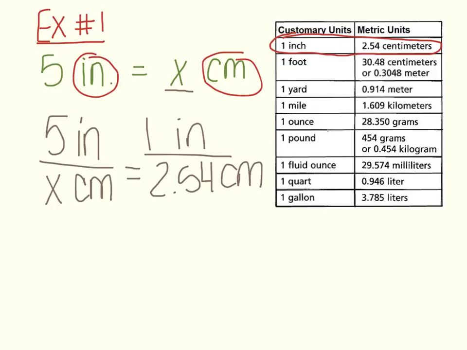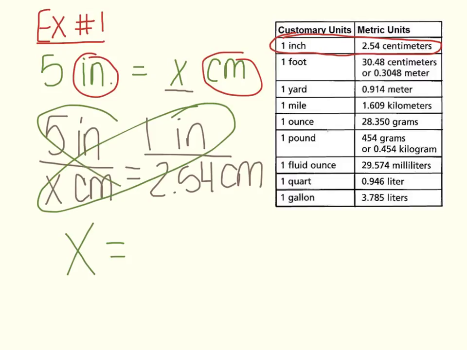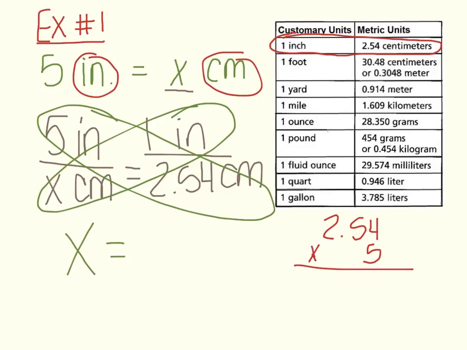Now we cross multiply. 1 times X is just X. And 5 times 2 54/100. Let's do that. So I'm going to put 2 54/100 on top because it has more digits. So 5 times 4 is 20. 5 times 5 is 25, plus 2 is 27.